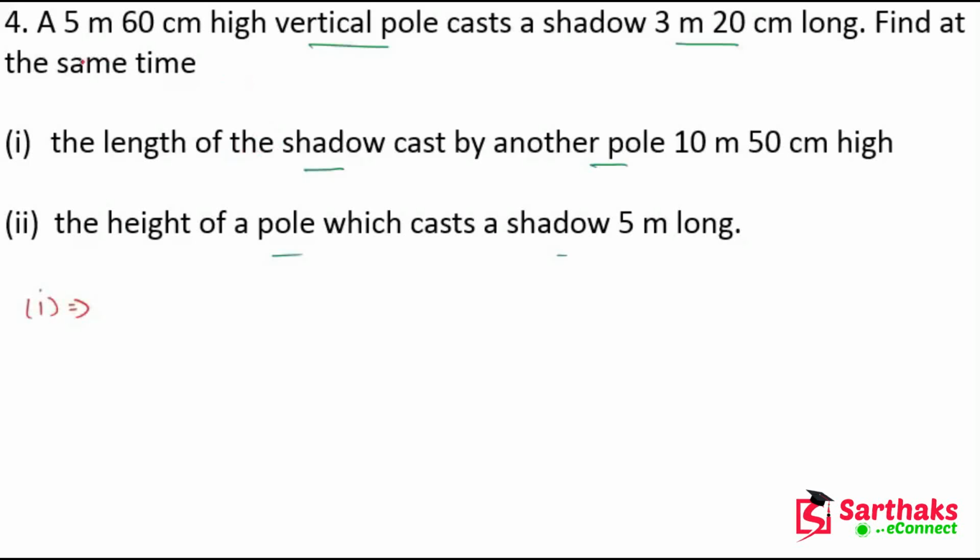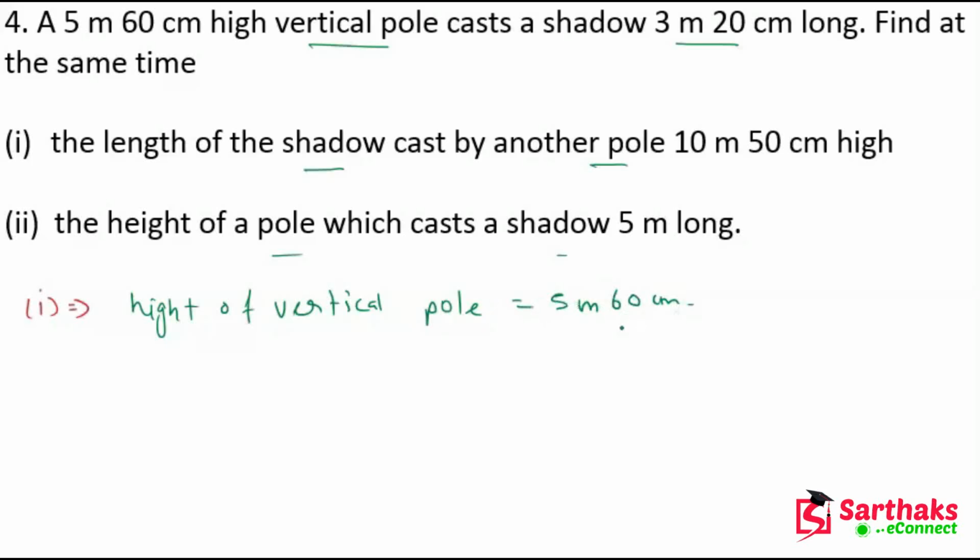Now first of all we are going to convert all these units into centimeter. So the height of the vertical pole is 5 meter 60 centimeter.